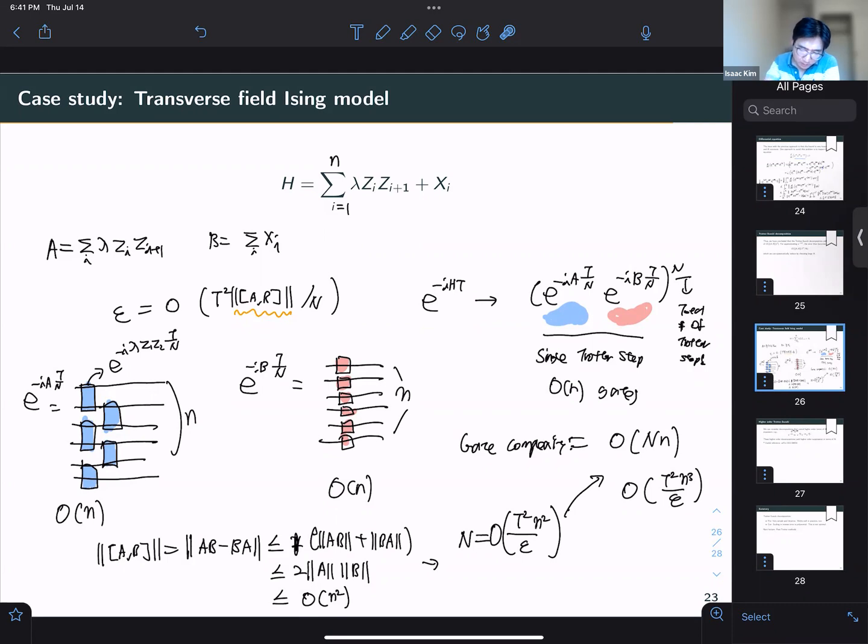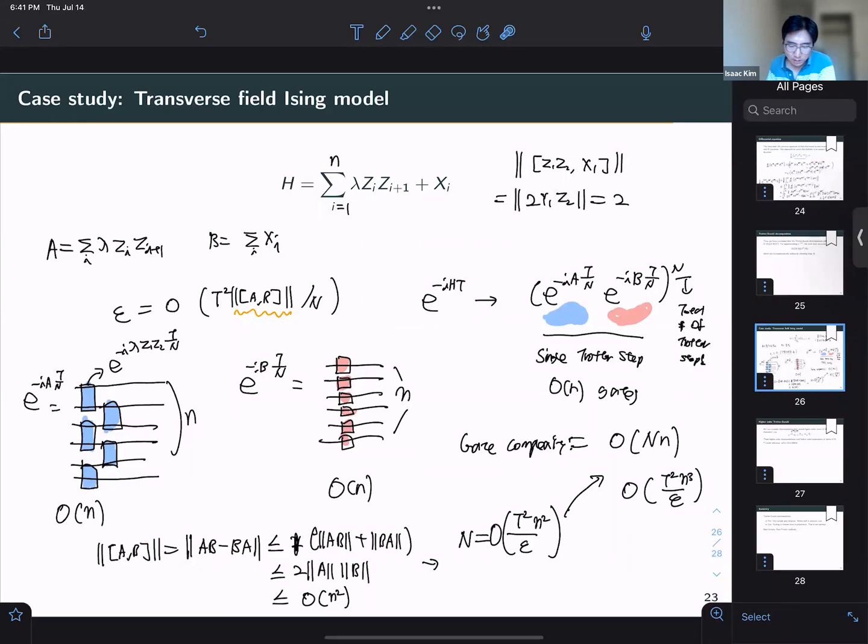But the thing is, for example, let's say I have Z1 Z2 commutator X1, then this would be 2 Y1 Z2, if you do the arithmetic. And this has an operator norm of 2, actually. So this is not about approximation error. Here we're just trying to estimate the energy scale, so to speak.